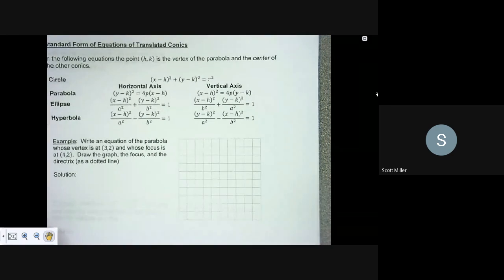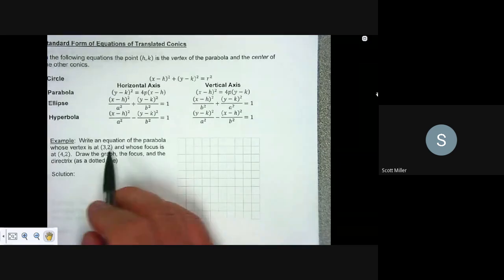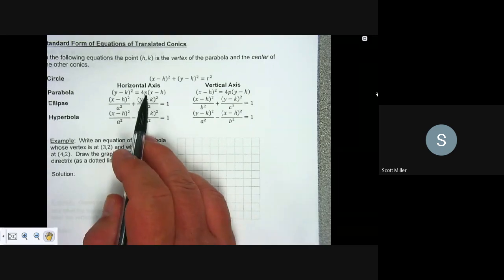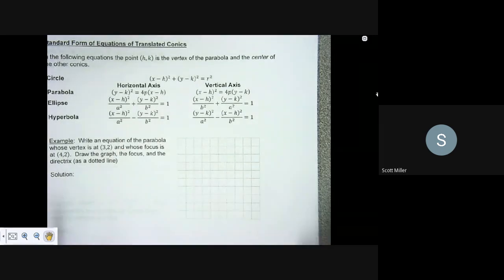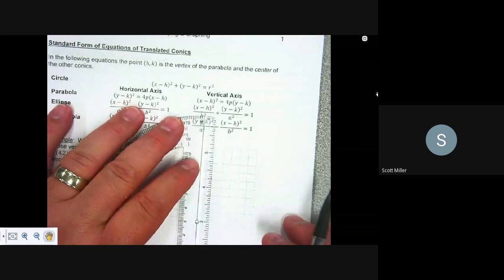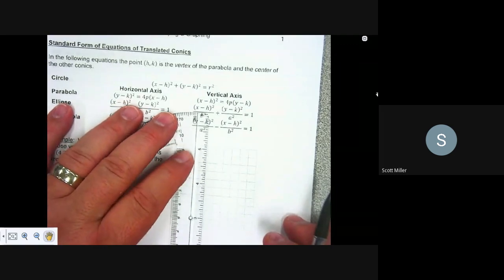we also know that the directrix is the same distance from the vertex that the focus is, just in the opposite direction. So this allows me to find that value of P from that. And so I'm going to go ahead and start drawing something out over here. Right about here.